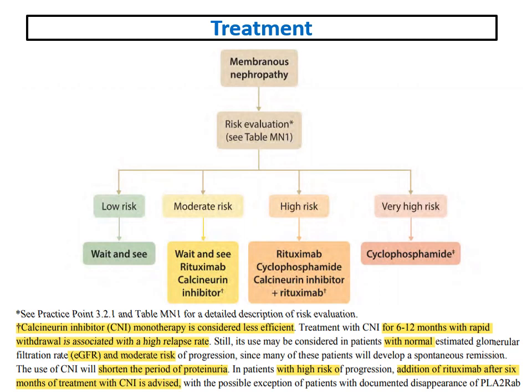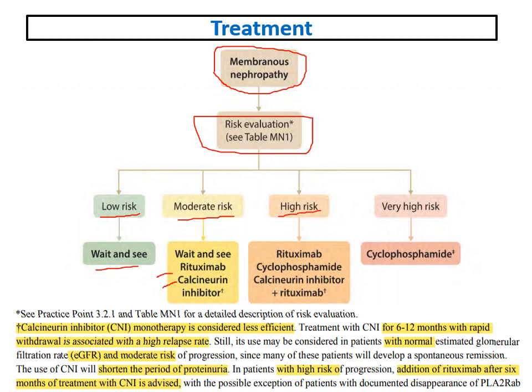This is a suggested algorithm for treating patients with membranous nephropathy according to risk stratification. In patients with membranous nephropathy, we should do risk evaluation. In patients with low risk, we should wait and see, giving all supportive measures. In patients with moderate risk, we can wait and see, or use rituximab or calcineurin inhibitors.